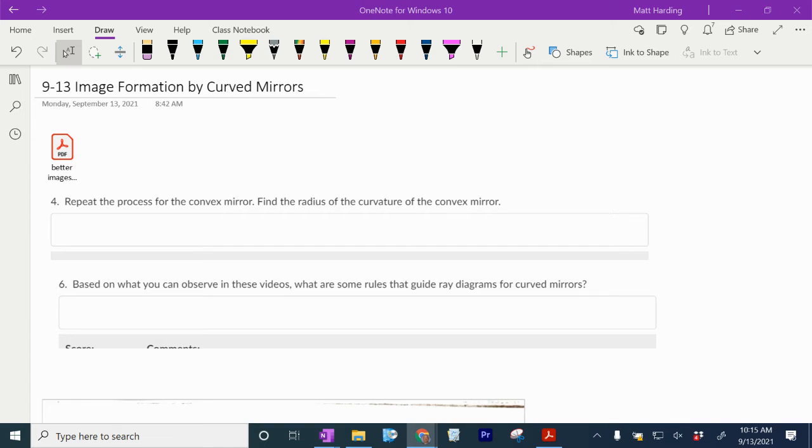Just grab some lines and throw them on there and see. The concave ones were more straightforward. The convex one, I just did R with two. These are fairly straightforward. So you just draw them perpendicular? Yeah, just make a bunch of normal lines, see where they meet, and they should meet at double the radius of curvature.